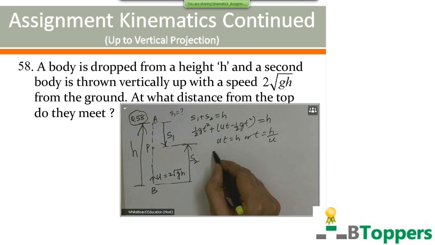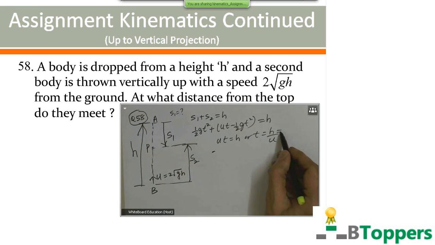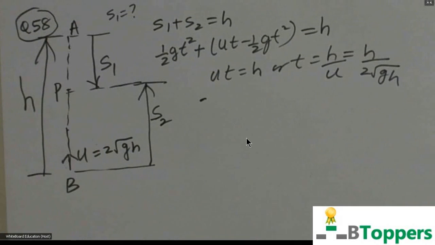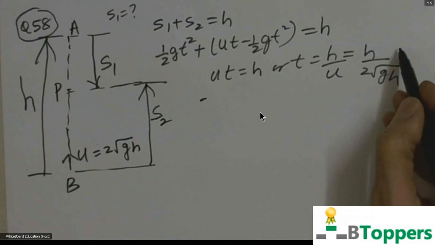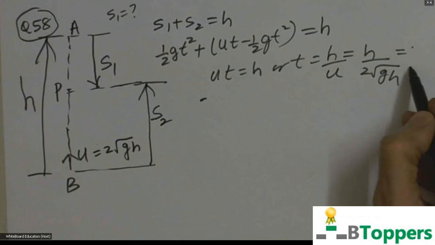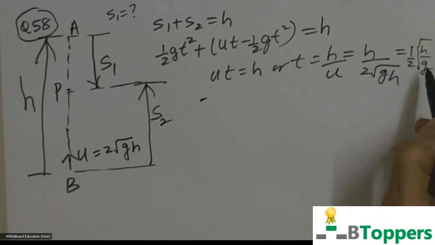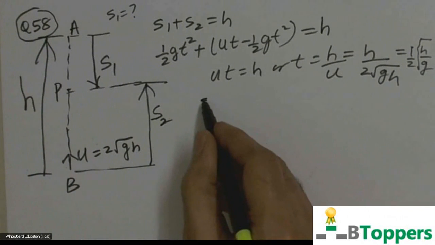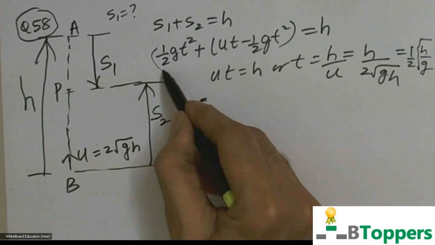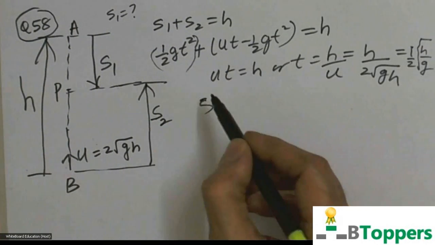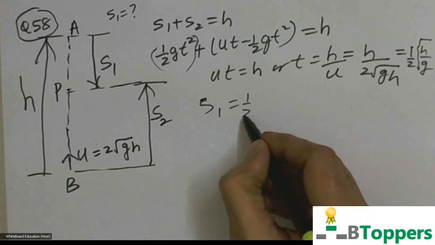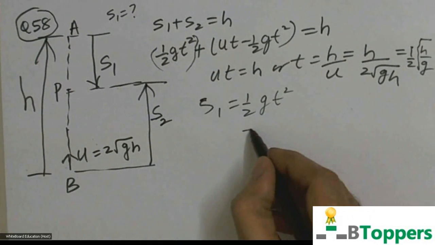So here u is given to be 2 root of gh. If you simplify that, you get t equal to half of root of h by g. From the starting equation, s1 can be written as half g t squared. s1 is the distance from the top where they meet.